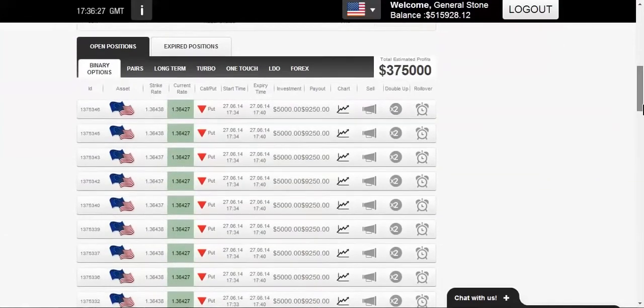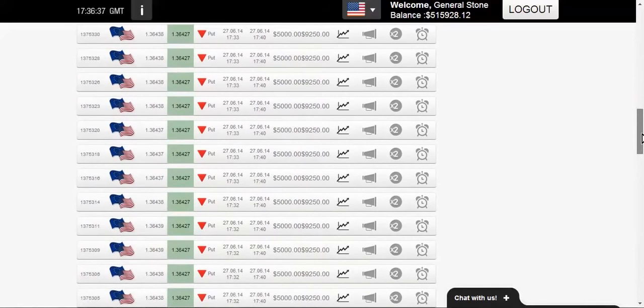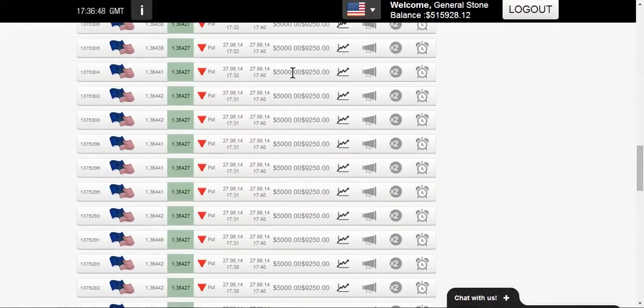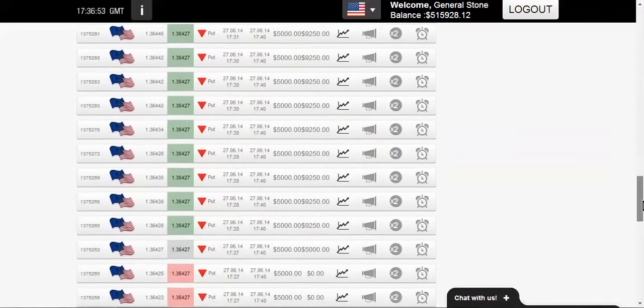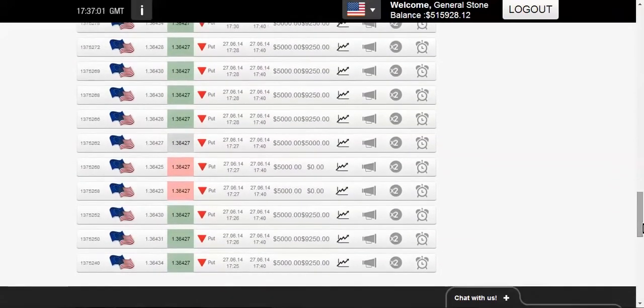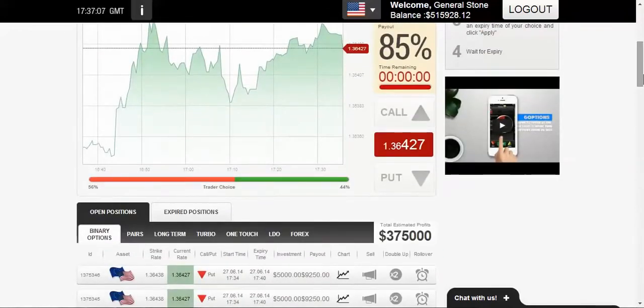Let's count the open risks together. So we've got 10, 20, 30, 40, 50,000, ending in trade 330. 10, 20, 30, 40, 100,000 together, ending in 306. 10, 20, 30, 40, 50, that's 150,000, ending in 285. 10, 20, 30, 40, that's $200,000, $215,000 open for a potential return of 375,000.